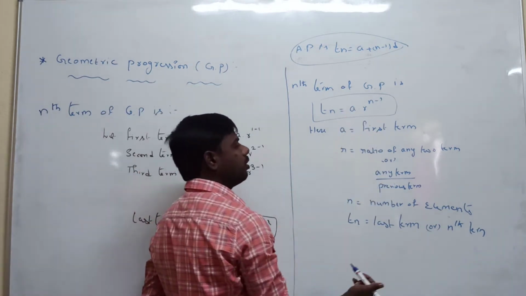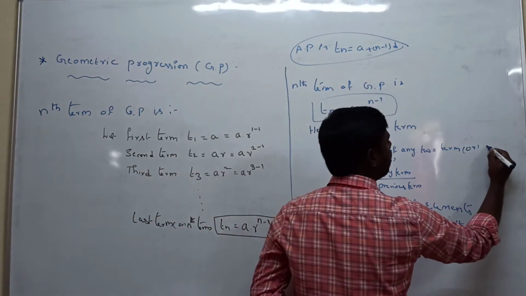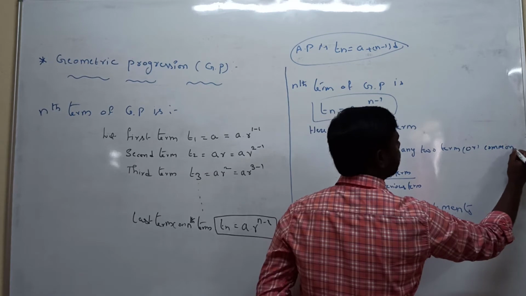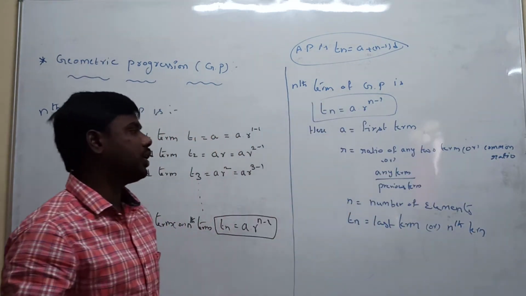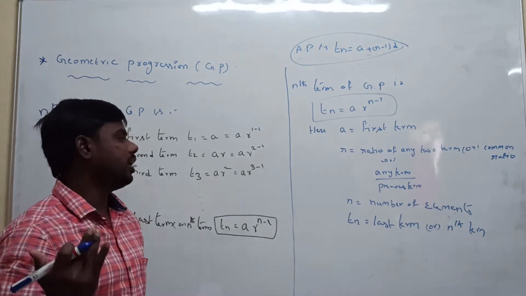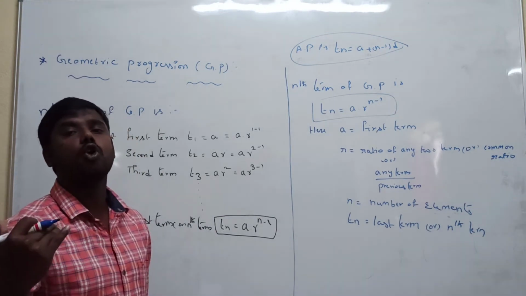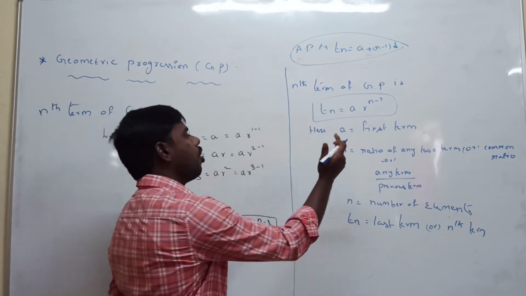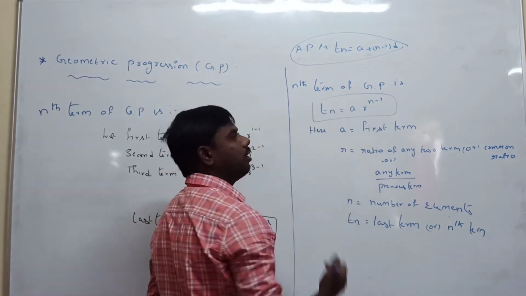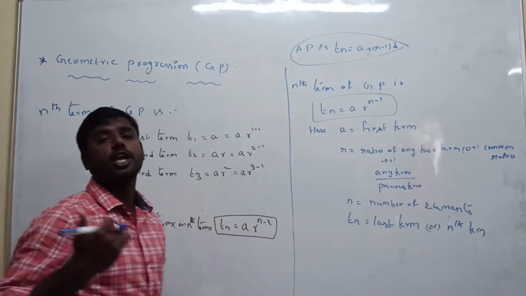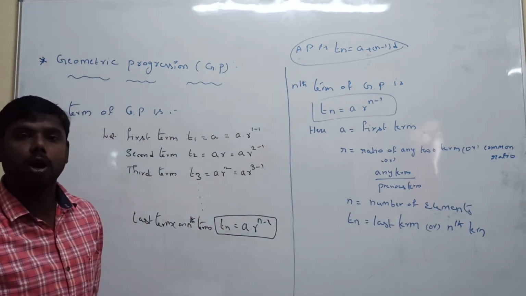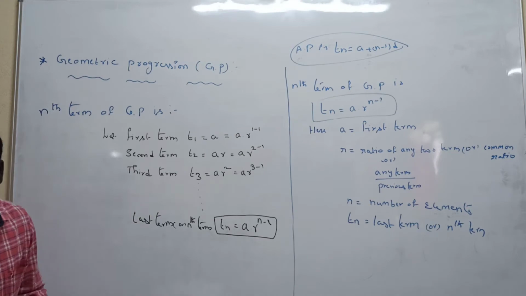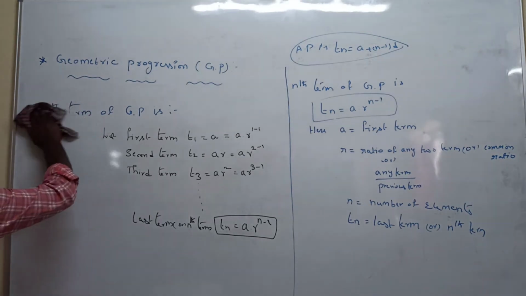R is called the ratio of any two terms, or any term divided by the previous term, or the common ratio. N is called the number of terms or number of elements. Tn is called the last term or nth term. So it is clear.